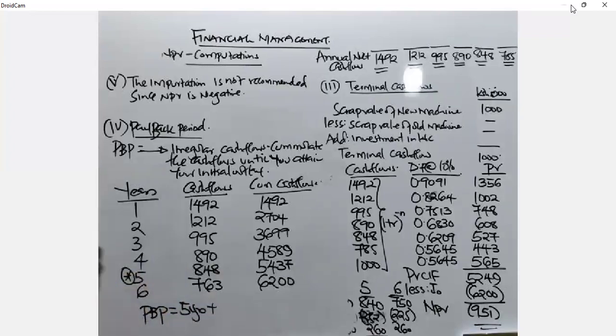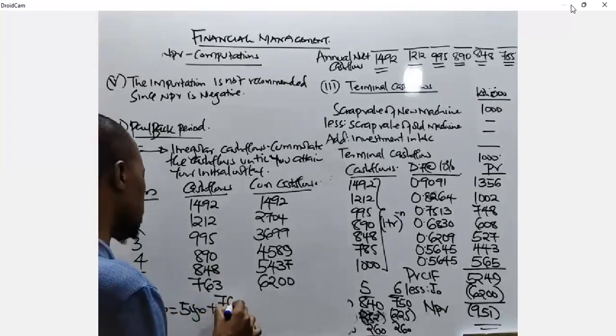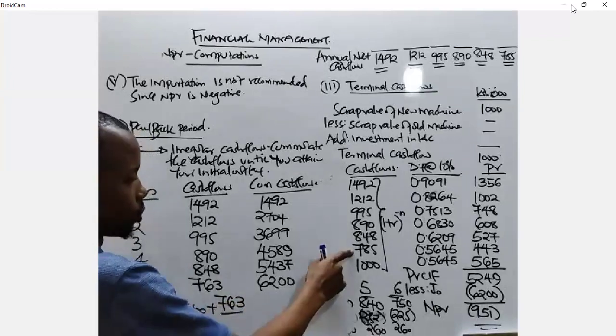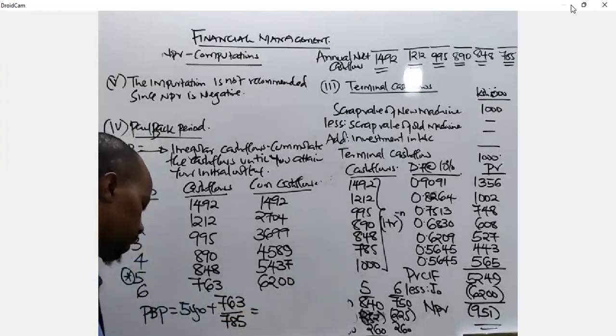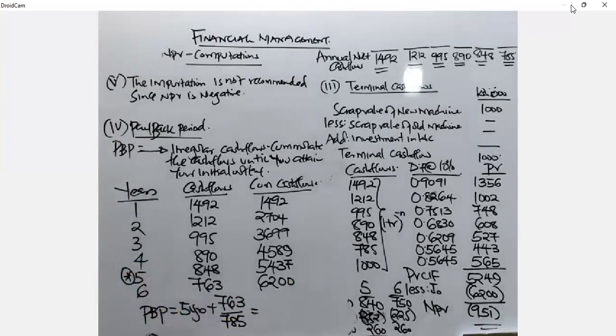Plus, to get the period required to generate 763, you take 763 and divide by the total generated in that year, 785. So how much is this? 763 divided by 785, getting 0.97.